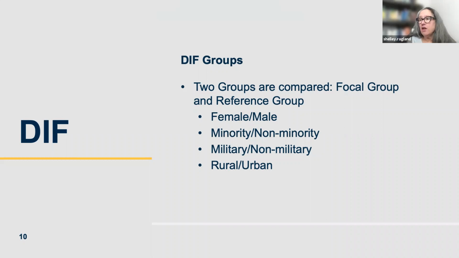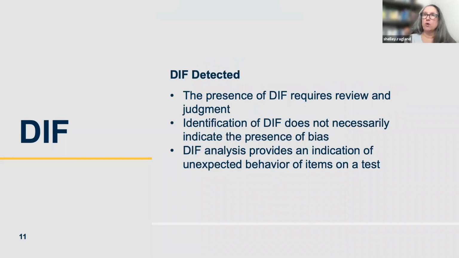And so finally, the other thing that I wanted to leave you with: what do you do when you actually detect Diff? The computer program is run, you get a list of your test items, and you'll see varying degrees of Diff from none to mild to moderate to high level or extreme. Our practice has been to isolate the items with extreme Diff and try to evaluate what's going on behind that.